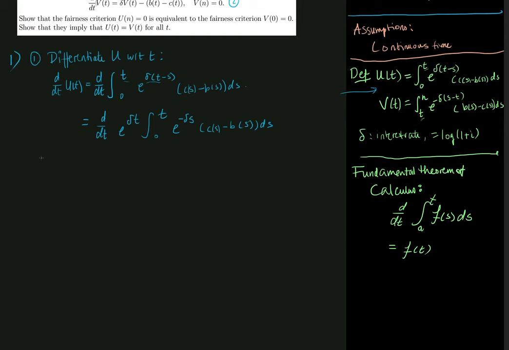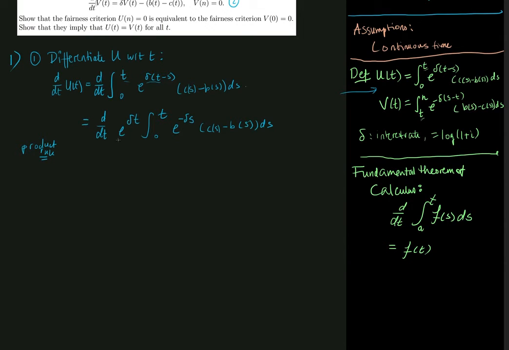Okay, what I use now is the product rule of differentiation. If you can't remember it, go on the internet, Google it, and come back. So the product rule tells us that the derivative of the product of two functions is equal to the derivative of one multiplied by the other function plus the derivative of the other function multiplied by the first function.